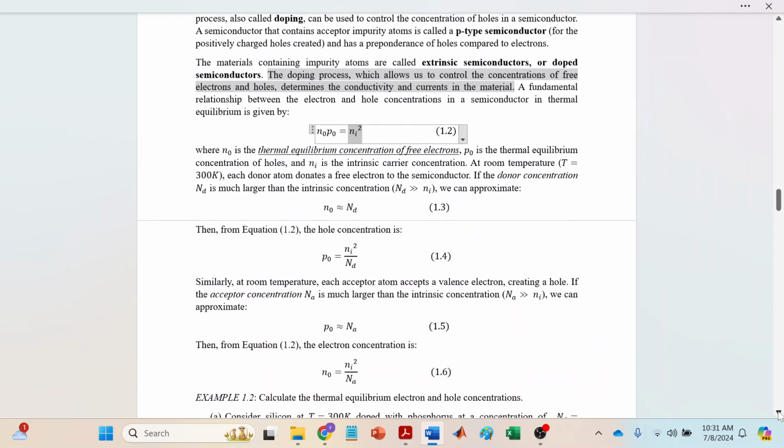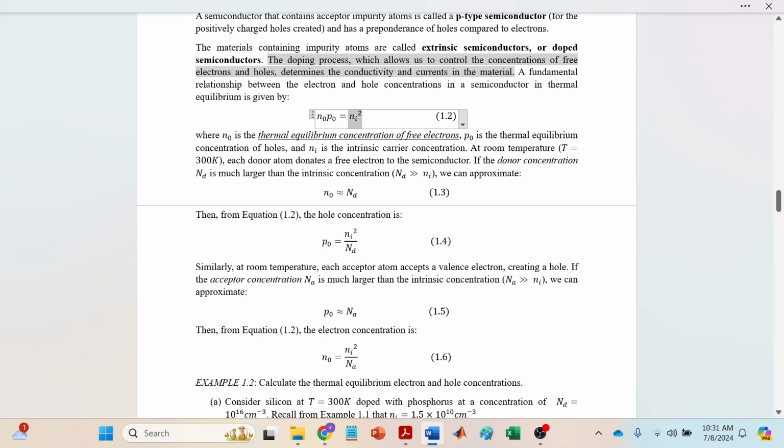So at room temperature, each donor atom donates a free electron to the semiconductor.